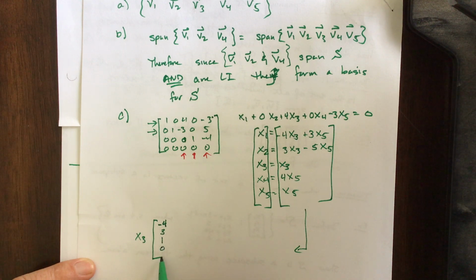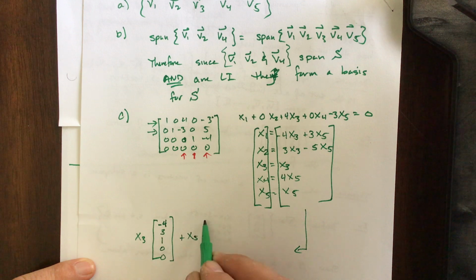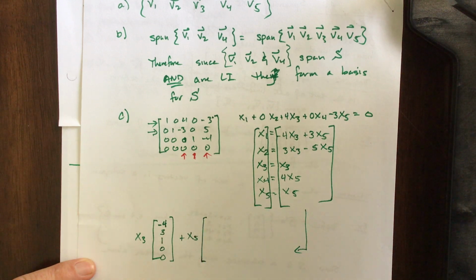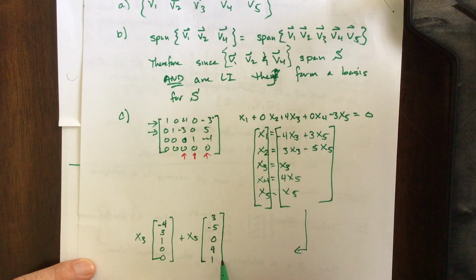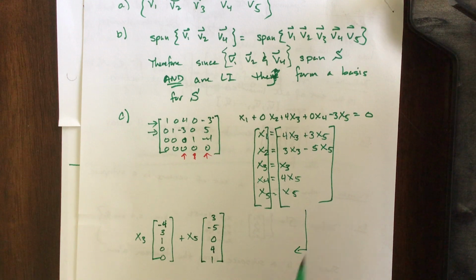There's no x3s here and no x3s here, plus x5. And that would be what? 3, negative 5, 0, 4, and 1.